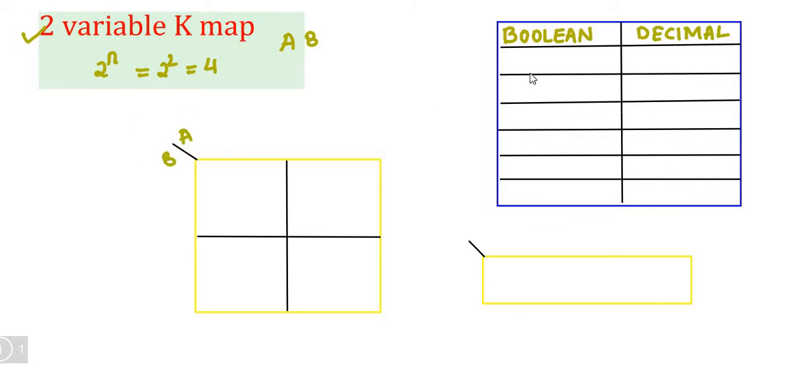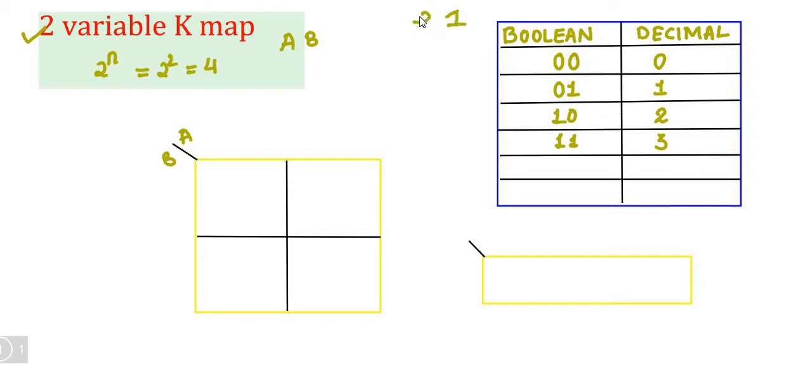The first thing I want to tell you is that Boolean value 00 has decimal value 0, and Boolean value 01 has decimal value 1, while 10 has decimal 2 and 11 has 3. In case you don't know how to convert it, there is a simple trick.